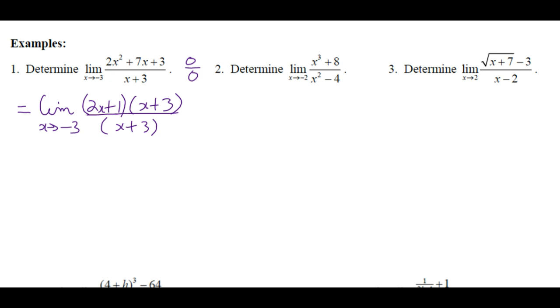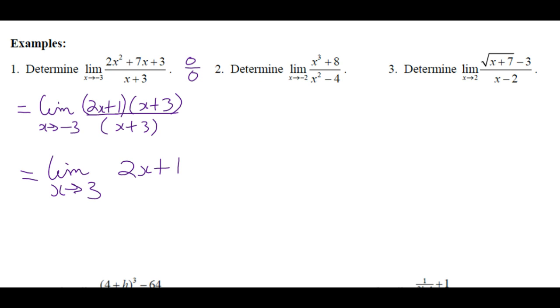2x squared plus 6x plus 7x. So anytime you factor, always check, right? Because if you get your factorization wrong, then everything goes bad from that point. Okay, so we've got this, which means this is equal to the limit as x approaches 3 of 2x plus 1.